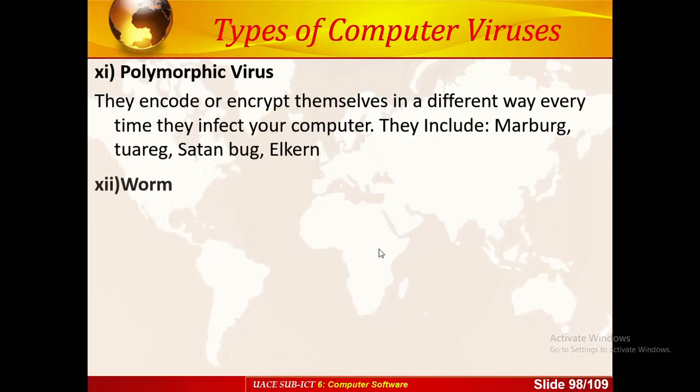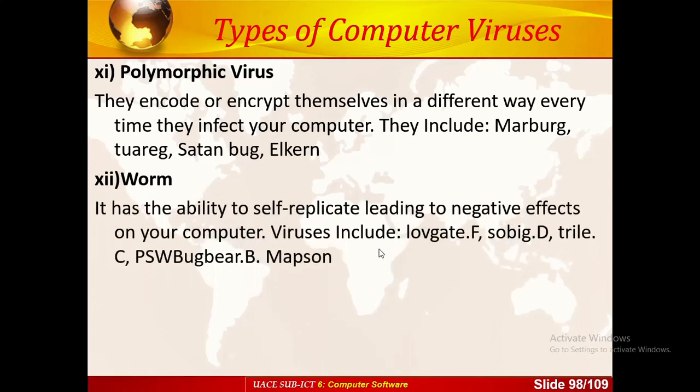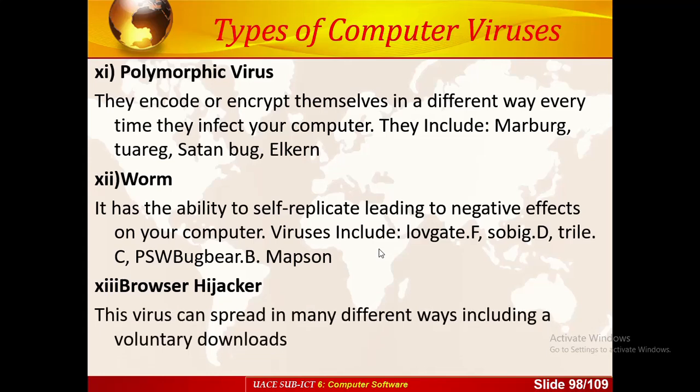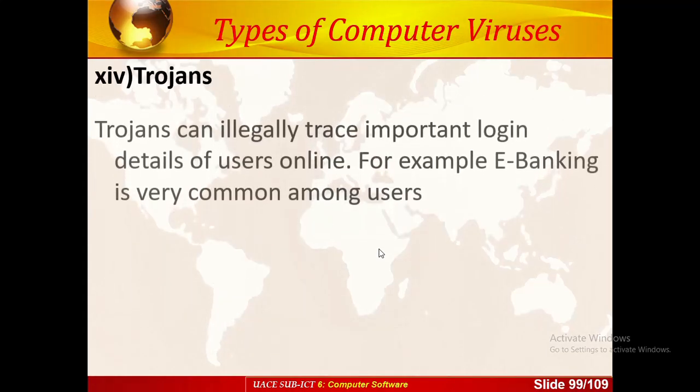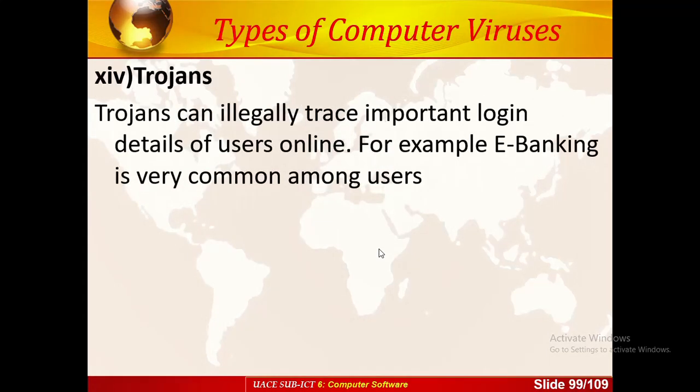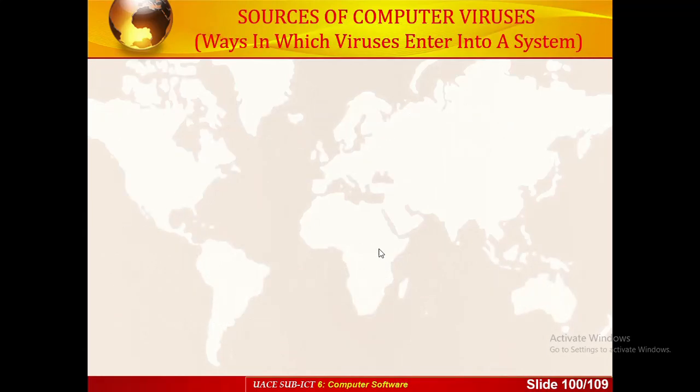We have viruses like the worm, which is one of the most common kinds of virus. We have the browser hijacker, which is also another virus. We can talk of trojans, like host trojans. We have email viruses. So those are some of the viruses we can look at.